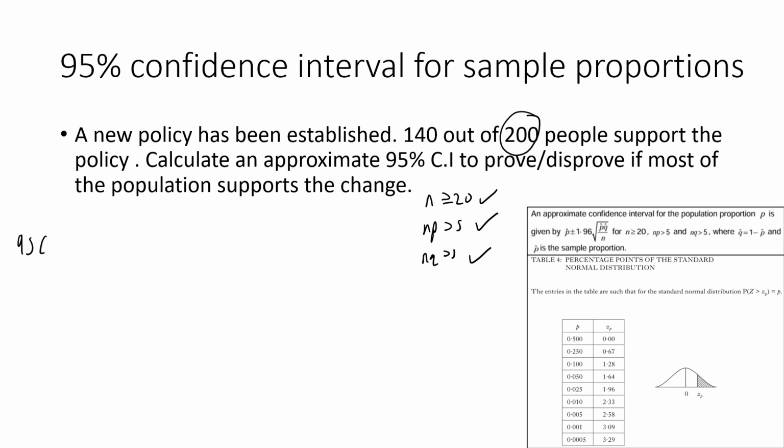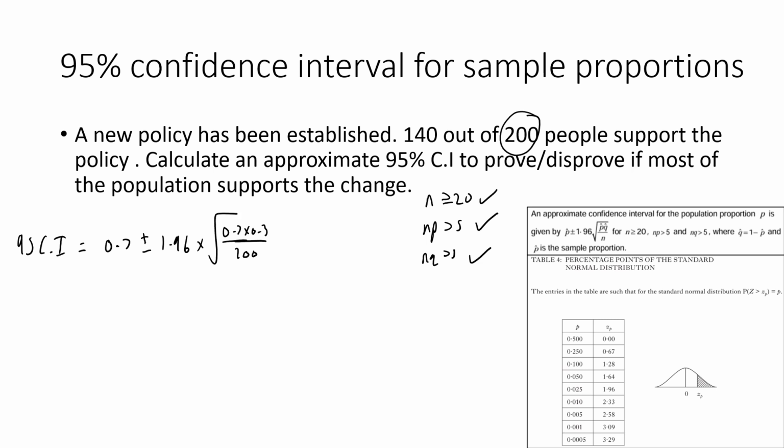95% confidence interval is equal to p hat, which is 0.7, plus or minus 1.96, times the square root of pq, which is 0.7 times 0.3, over the sample size, which is 200.